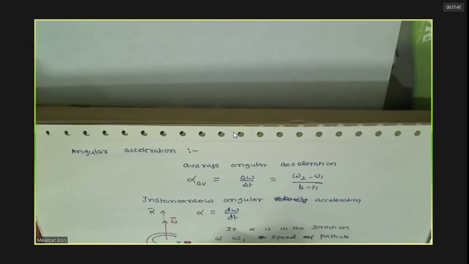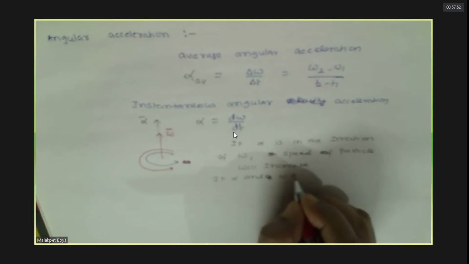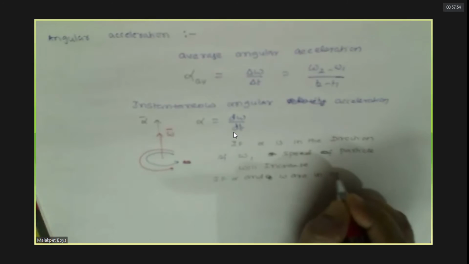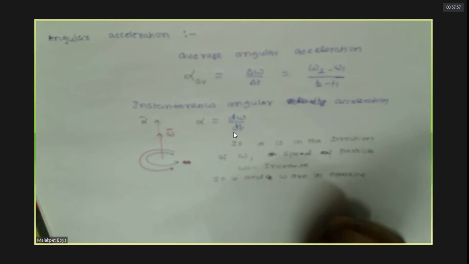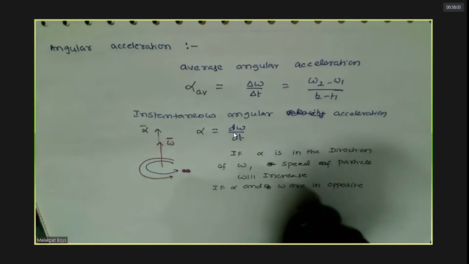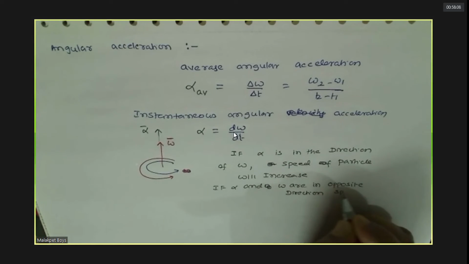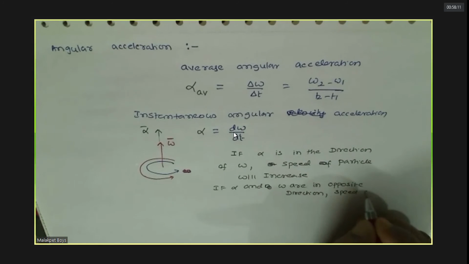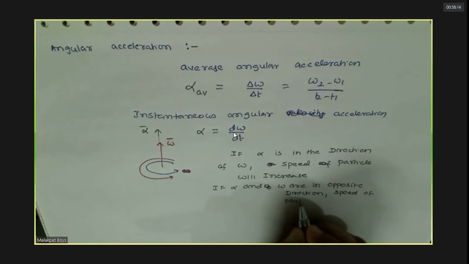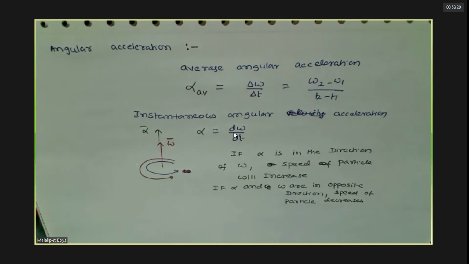So if alpha and omega are in opposite directions, the speed of the particle decreases. Understood this? Clear?